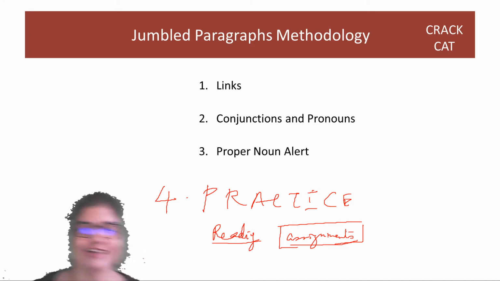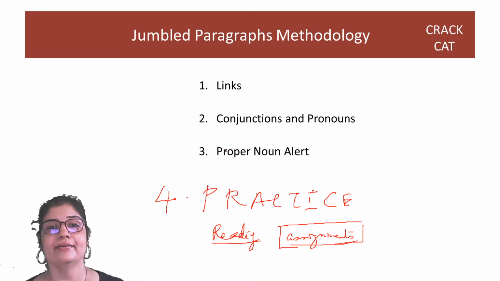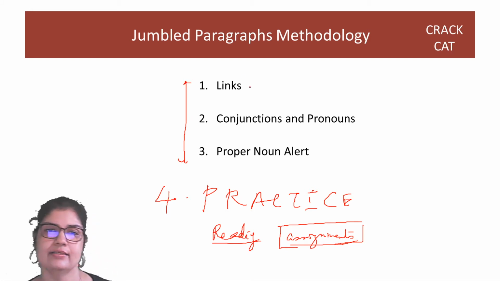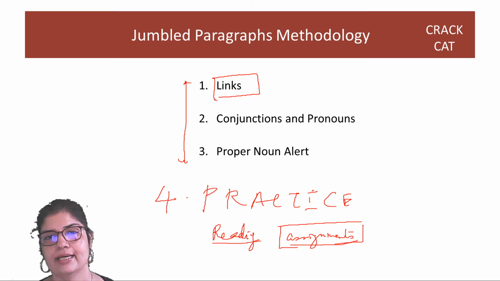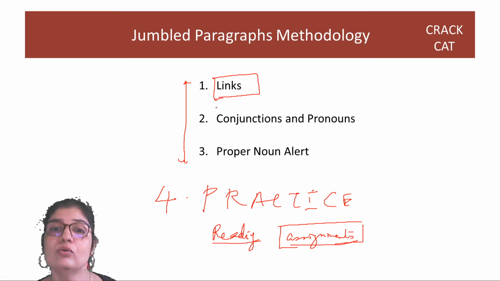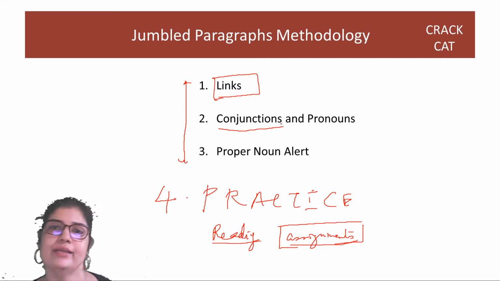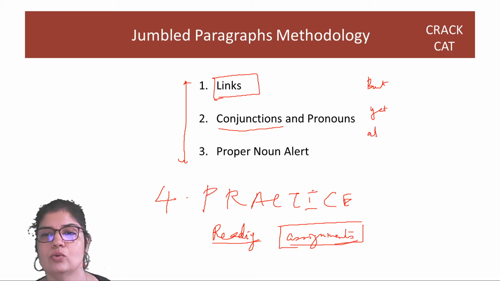Okay? Okay, great. So what are these 3 things I have spoken about, guys? What you need to do when you read the sentences is to look for links between sentences. ठीक है? So बोल दिया मैंने links. How do I look for links? You look for links by focusing on conjunctions at the beginning of the sentence. Sometimes you'll have a but, sometimes you'll have a yet, and although, right?